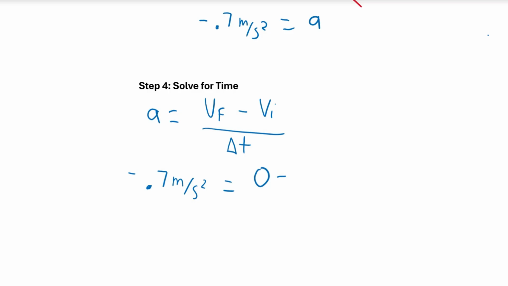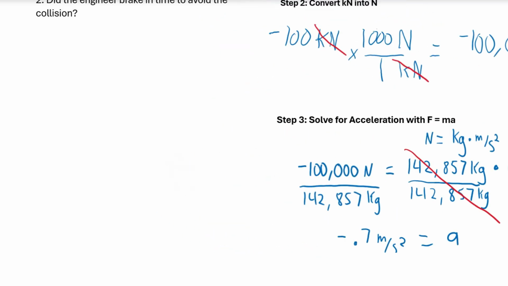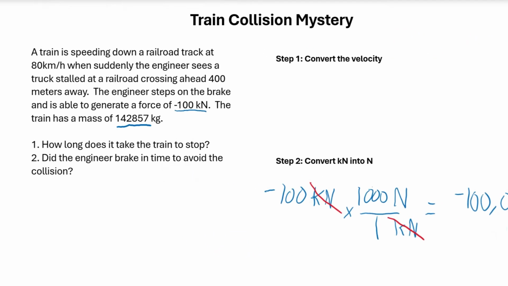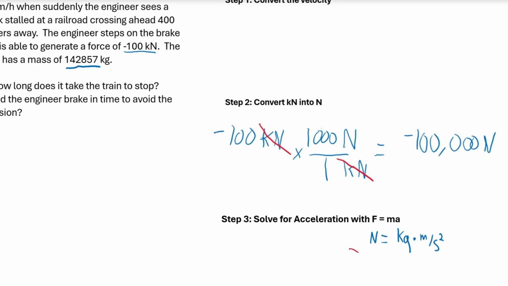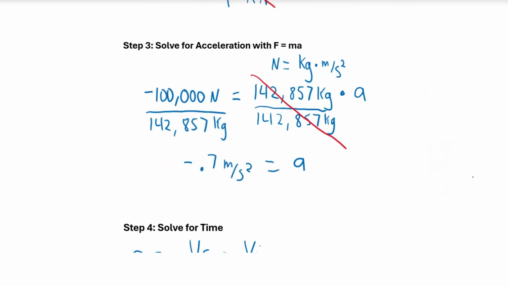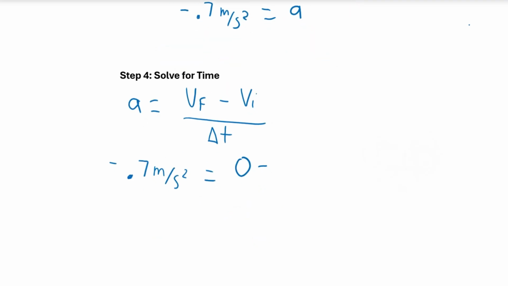So at the time the engineer stepped on the brake, what was the velocity? We actually converted it. It was 80 kilometers per hour. When we did our conversion, it came out to be 22.2 meters per second.